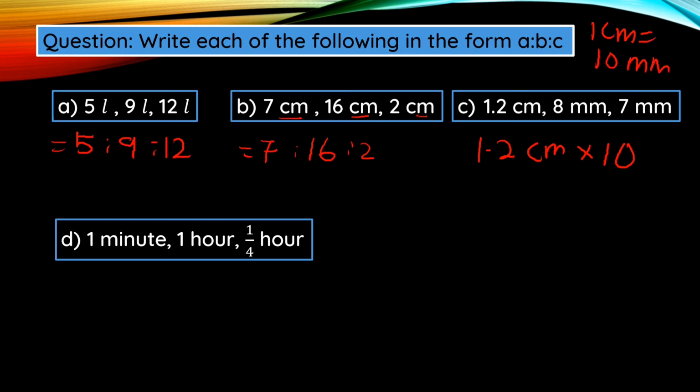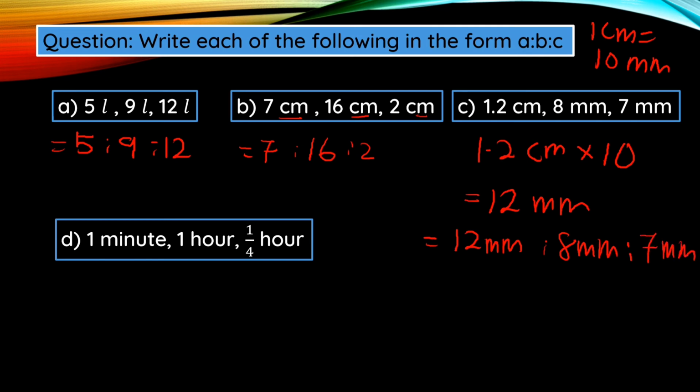So 1.2 centimeter multiplied by 10, we will get 12 millimeter. Now you get 12 millimeter ratio 8 millimeter ratio 7 millimeter. All units are same, so you can write 12 ratio 8 ratio 7. Since this is the simplest form, we cannot divide it by any round number to make it simpler.